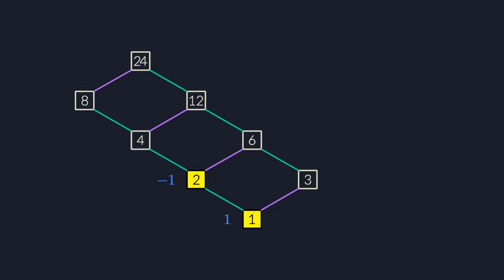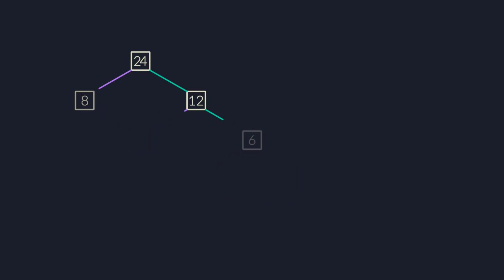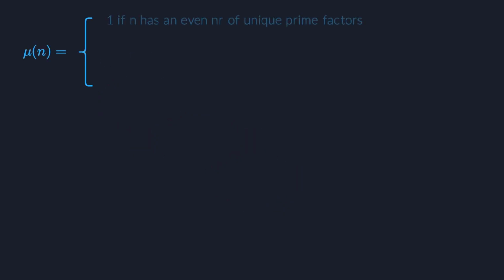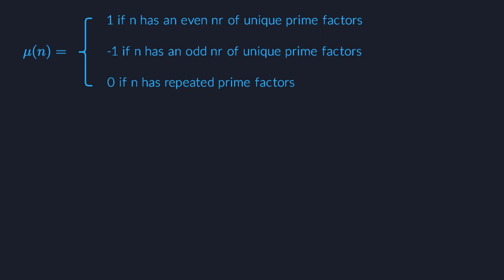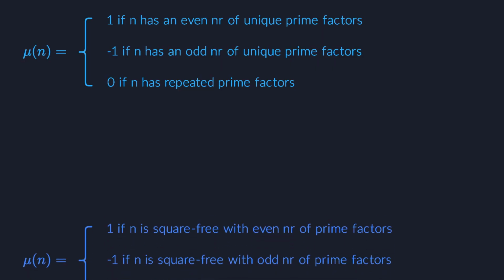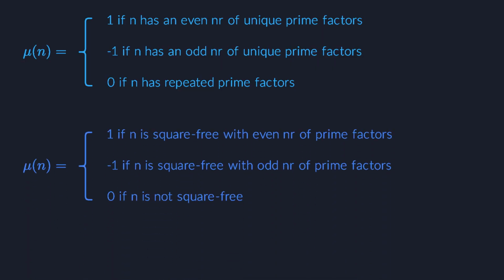So whenever a prime factor repeats, we are forced to map that number and all numbers above it to 0. Putting this all together, we get this conclusion for what the Moebius function should look like. And what do you know? This is exactly the same definition we found in our textbook at the start, give or take some additional terminology like square-free.